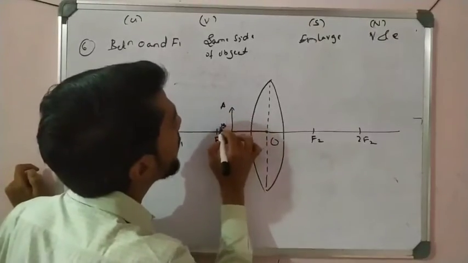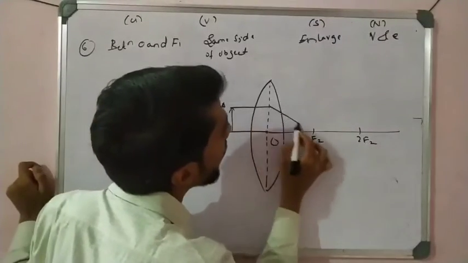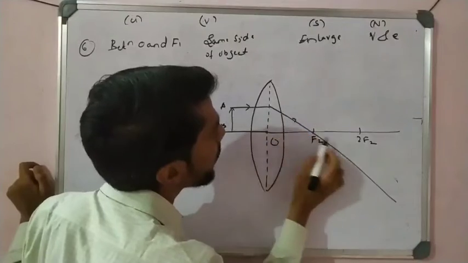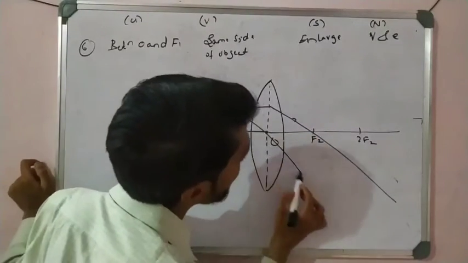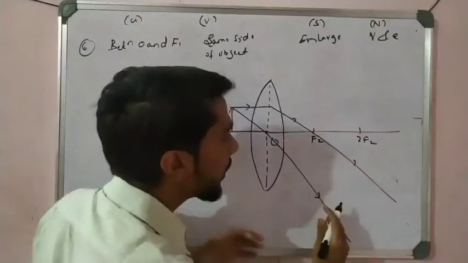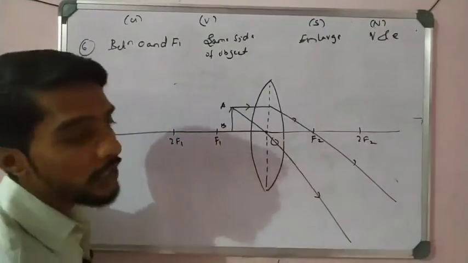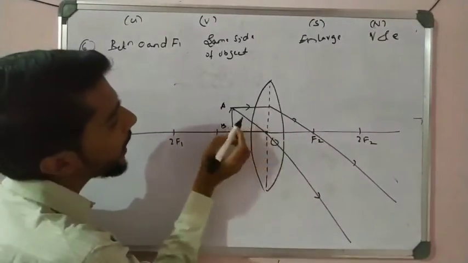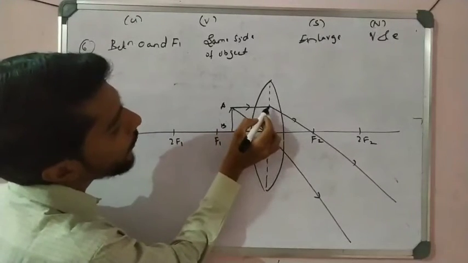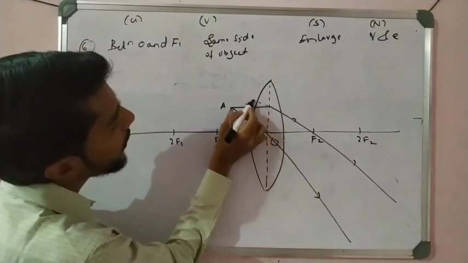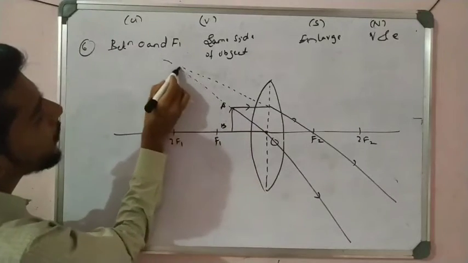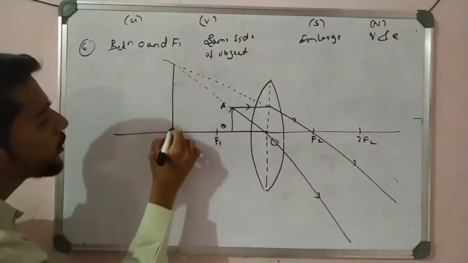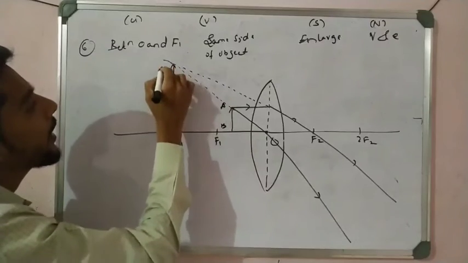See A, B. So after refraction it passes through F2, and then what happened here? They are divergent to each other, they do not meet each other. So in that case, we can produce the refracted ray backward. So here the refracted ray is produced, and here the refracted ray is produced. So see, they meet here. So this is A dash B dash.